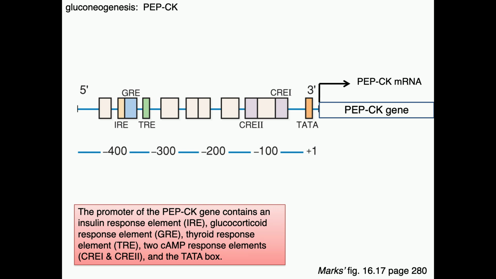So you have an insulin response element. This acts as a negative regulator. A glucocorticoid response element that acts as a positive regulator in the presence of cortisol. And then a cyclic AMP response element, which is sensitive to glucagon signaling and protein kinase A activation and that axis.